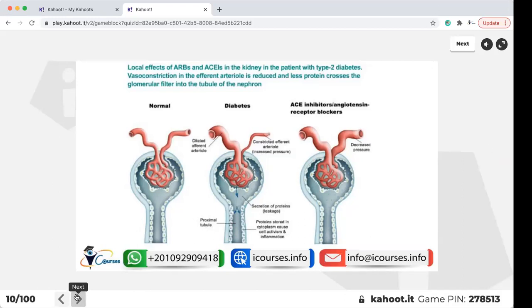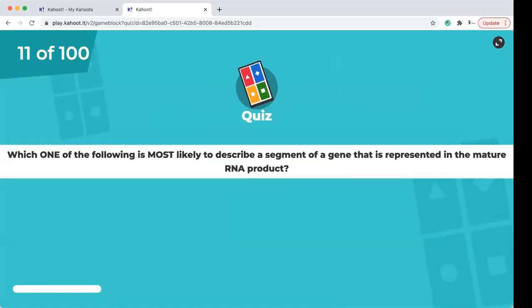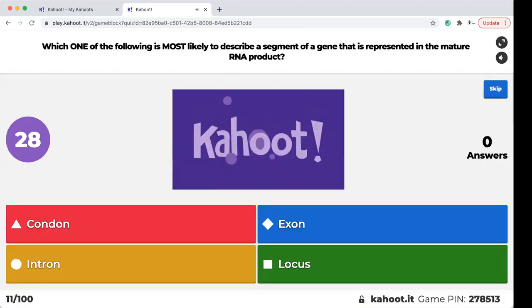Okay, well done, everyone. So let's move now to the next question. Oh, this is strange. This is a basic question that appeared in the clinical exam.